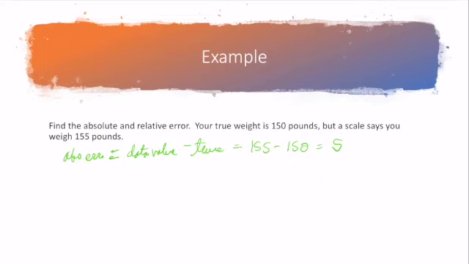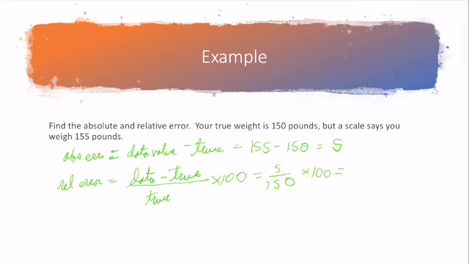Relative error is my data value minus my true value over the true value times 100. So that's 5 divided by 150 times 100, which gives us 3.3. So it's a 3.3% relative error.